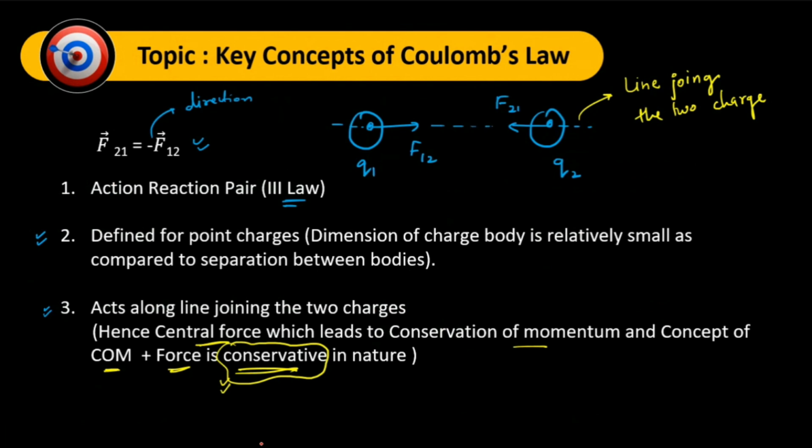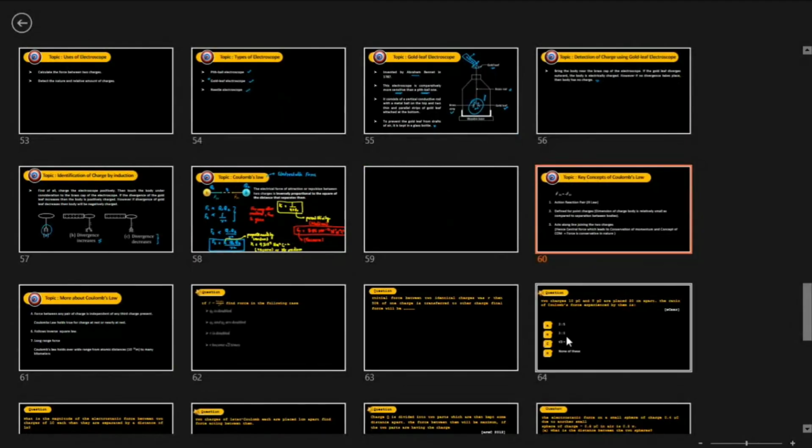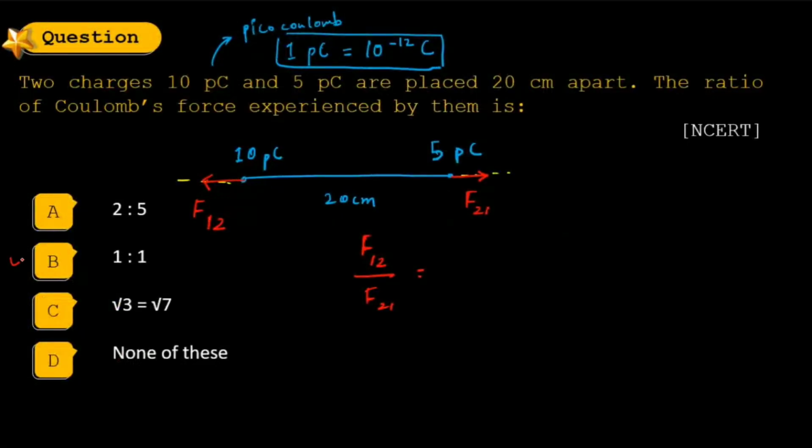The negative sign shows they are opposite in direction, but the magnitude is the same. So the ratio of these two forces will be 1:1. Remember this, it can be asked.